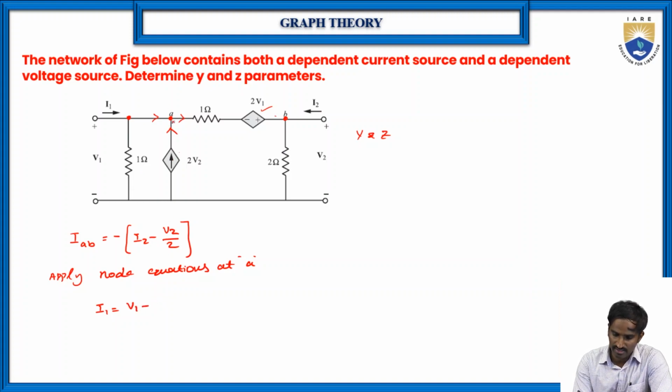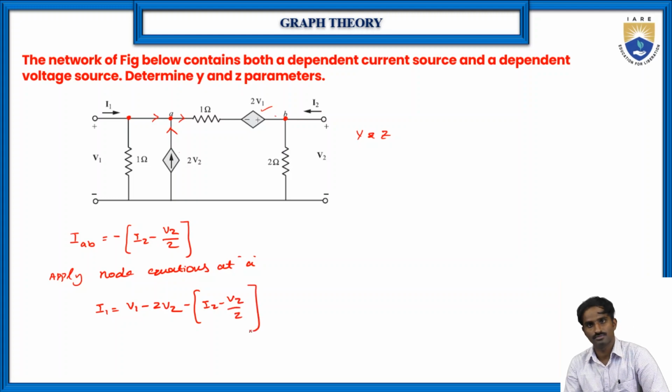Because it should actually be the opposite, that's why it is opposing. Then we can write 2V2 in this current, and minus I_AB, because we need to add all these things. I_AB we have just calculated, which is I2 minus V2 by 2. Right, so let us consider this as one equation.